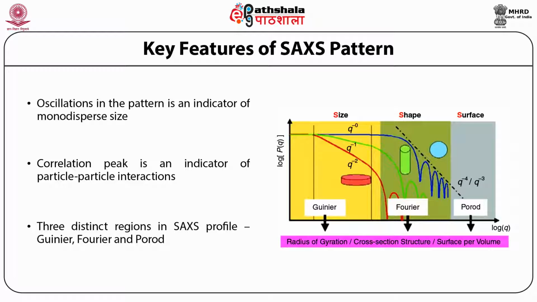Generally, there are three indicators shown here: for smooth surface, for rough surface, and for clustered particulate structures. Q^-4 is used for smooth surface, Q^-3 for surface fractal, that is the rough surface, and Q^-2 for mass fractal, that is either dendritic or clustered particulate structures.